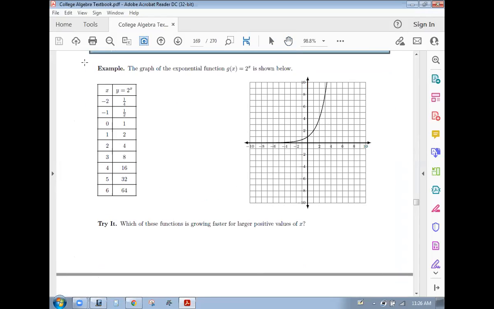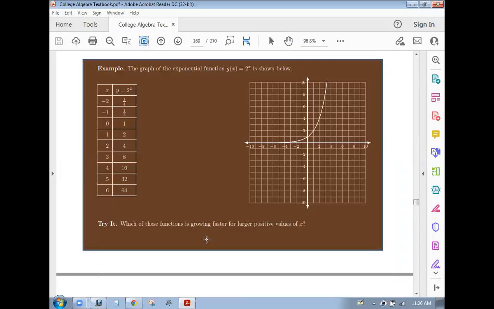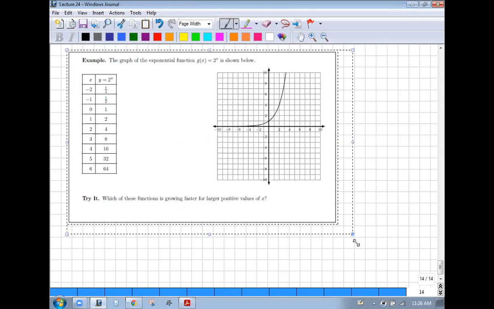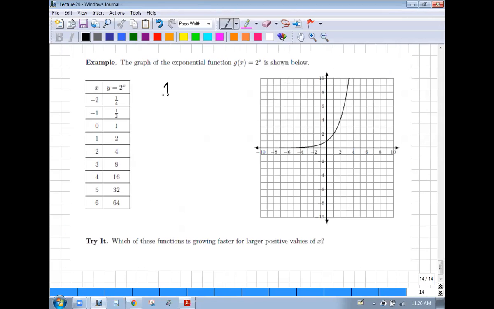So here's an example. It's one of the simplest exponential functions. If you have 1 to the x, 1 to any power is just 1. So that's not an exponential function. That would just look like this, right? 1, okay? So the next number up is 2. So 2 to the x is the most basic one.